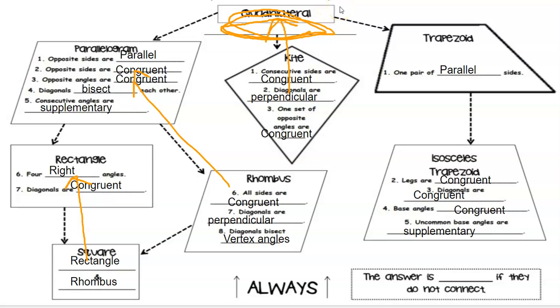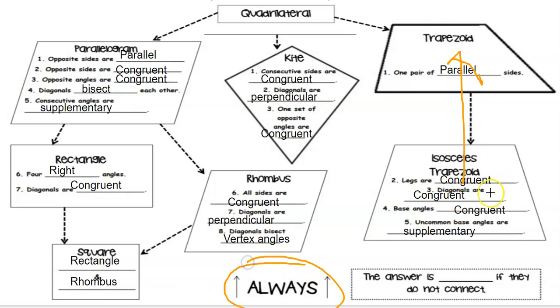It's a polygon with 4 sides or 4 segments. Okay? An isosceles trapezoid is always a trapezoid because to speak about those two, I have to go from isosceles trapezoid upward. That's what this always is, upward. Isosceles trapezoid is always a trapezoid. A trapezoid is always a quadrilateral, and so on.